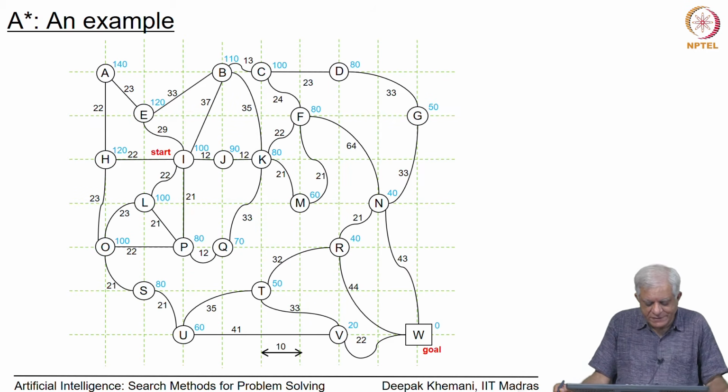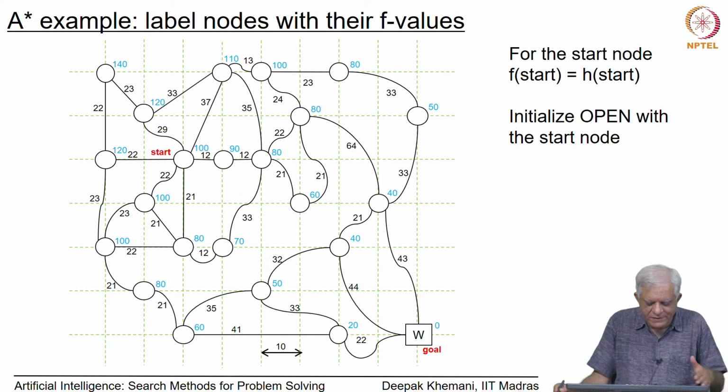Now, we come back to A star with this same problem, and what we will do is we will remove the node labels, and instead we will label the nodes with f values. Remember that f values are the sum of g values and the h values.